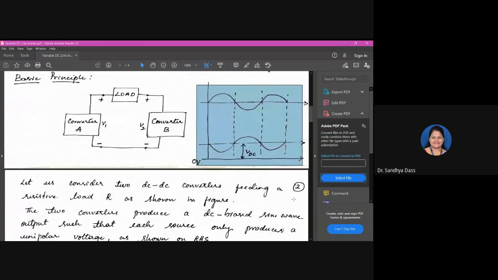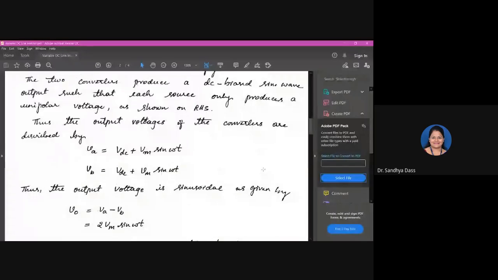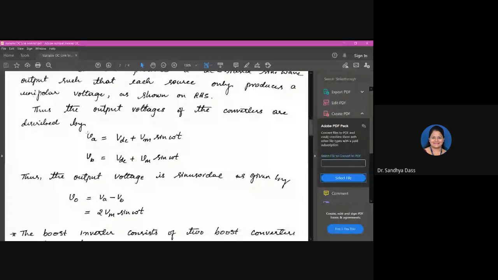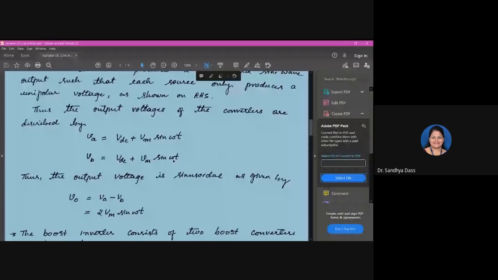So it gives a DC bias sine wave output, which means the level would be VDC, and the outputs you are getting are 180 degrees out of phase, but each is a DC bias sine wave. So the output of converter A and converter B you can take as VDC plus Vm sin omega t and VDC minus Vm sin omega t.